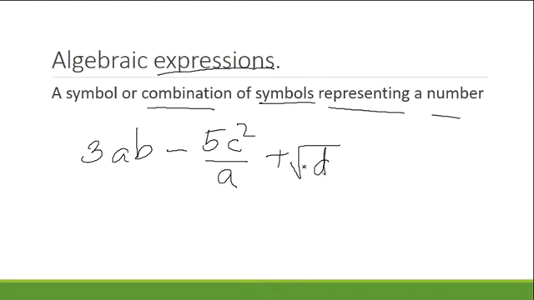So medyo advanced na siya, but this is an example of an algebraic expression. It is composed of parts connected by plus or minus signs. So marami na siyang combination na ng numbers, combination na siya ng signed numbers.